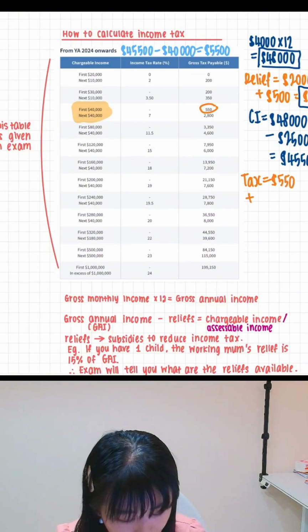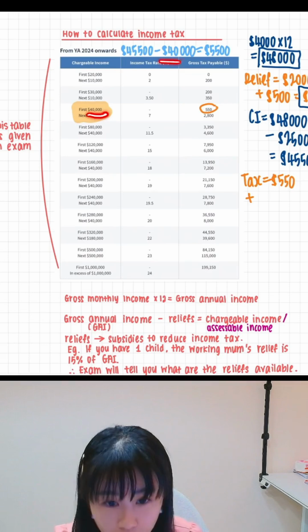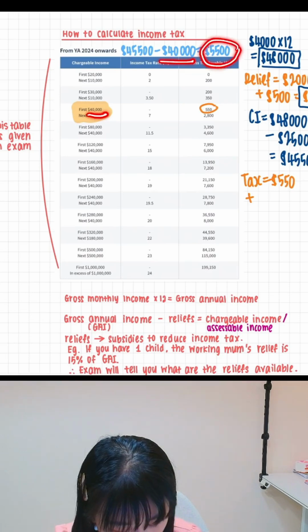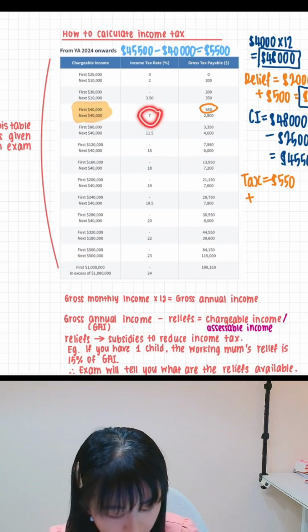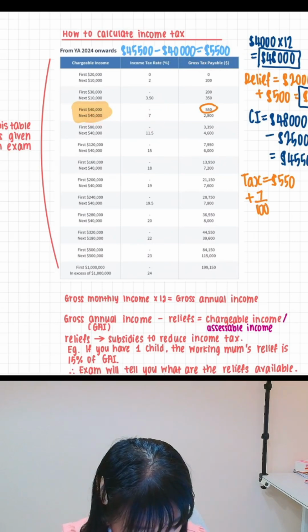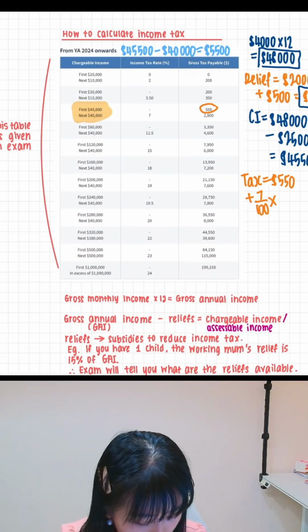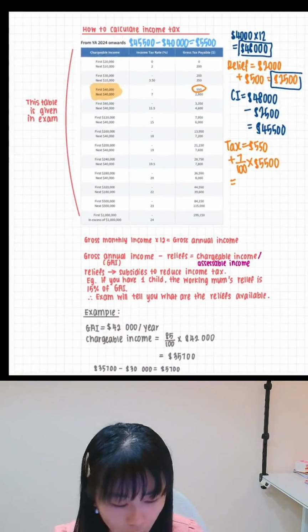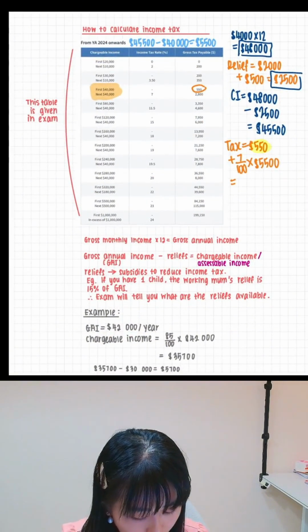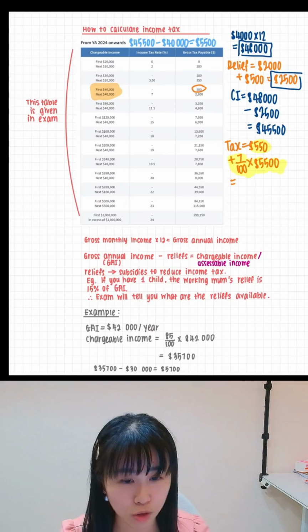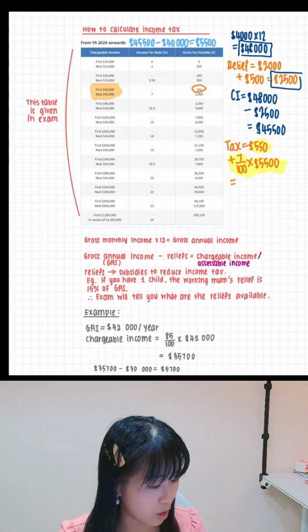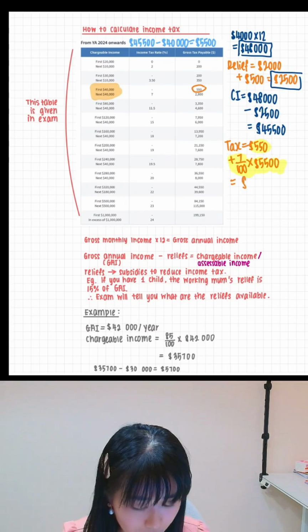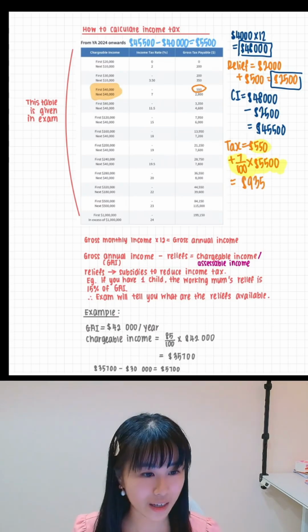The remaining 5,500 belongs to the next layer, charged 7%. So you key in your calculator 550 plus 7% of 5,500, and your income tax will be $935 for the entire year.